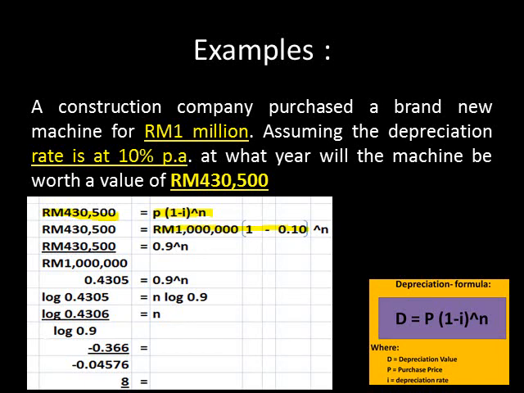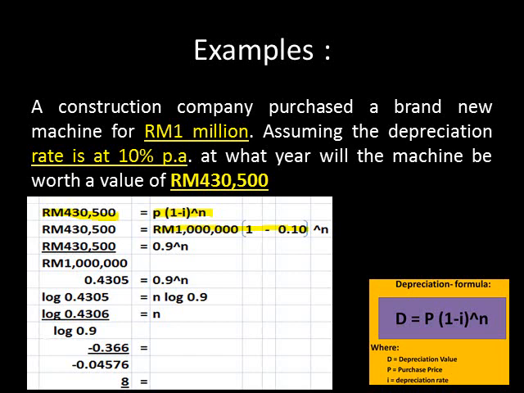The other side is 0.9 power of N. To get N, you need to use log. So here log 0.9 to the power of N, and on the other side also log 0.4305. Now how to get N? You just bring log 0.9 to the left side, and if you move it to the left side, you need to divide.